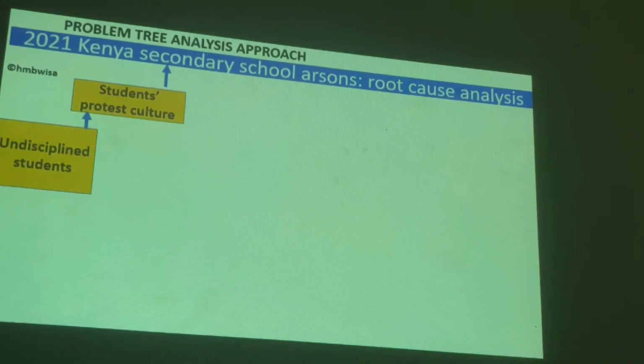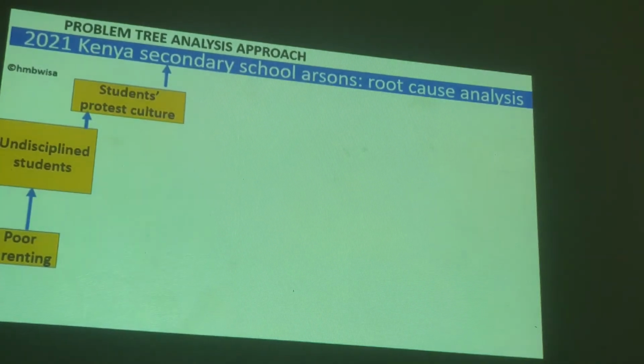One reason for this student protest culture is undisciplined students, and one root cause for undisciplined students is poor parenting. So when there's poor parenting, maybe absentee father, absentee mother, it leads to undisciplined students, and there's therefore the students' protest culture.